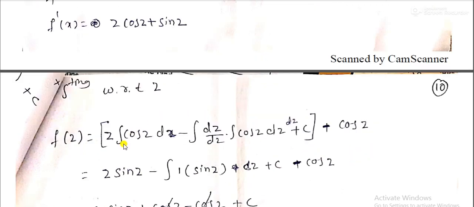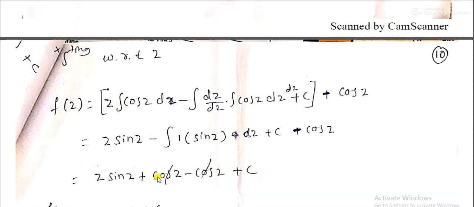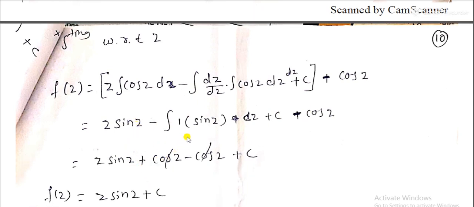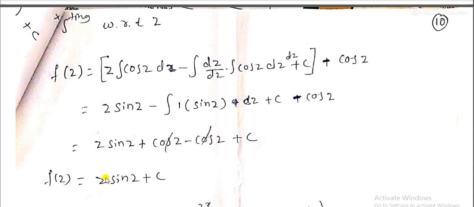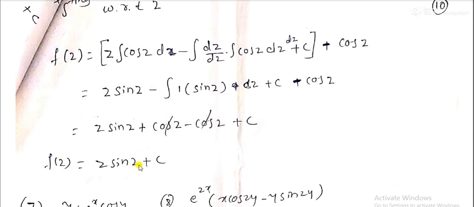Now z cos z integration is z sin z, minus the integration of 1 into sin z dz, plus c. So z sin z plus sin z integration, means minus cos z plus cos z, and this is plus c. Cos z cancels, so remaining is f of z is equal to z sin z plus c.